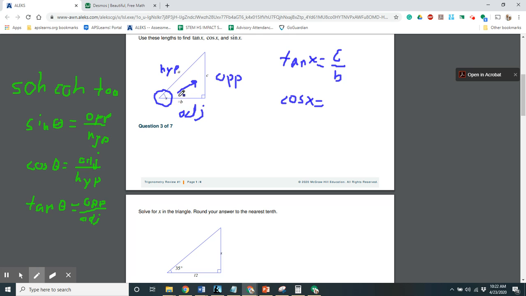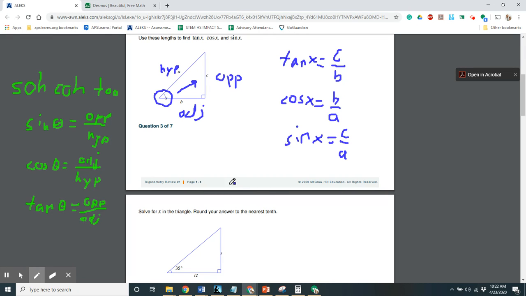Adjacent is B, hypotenuse is A, so cosine would be B over A. And then sine is opposite over hypotenuse. Opposite is C over hypotenuse is A. And that's all you have to do for those first two problems.